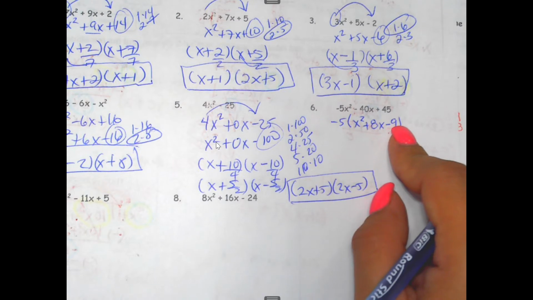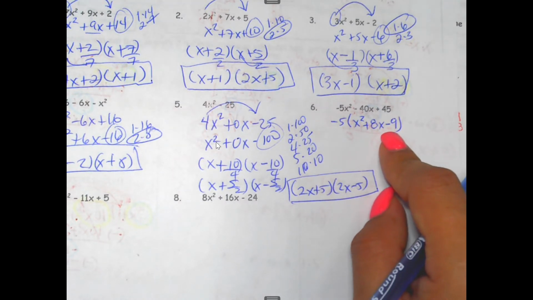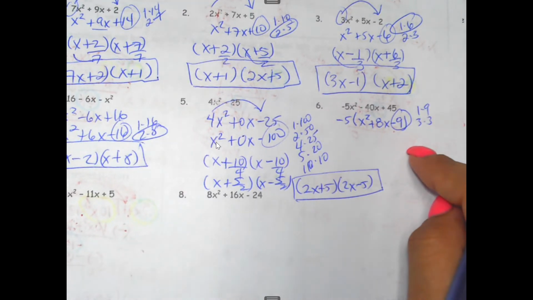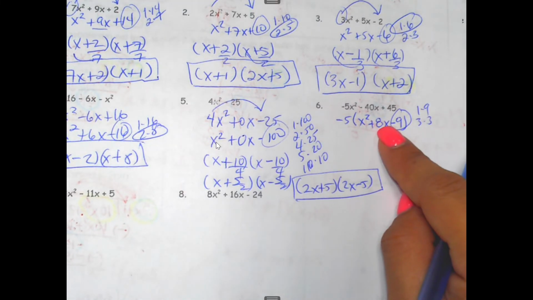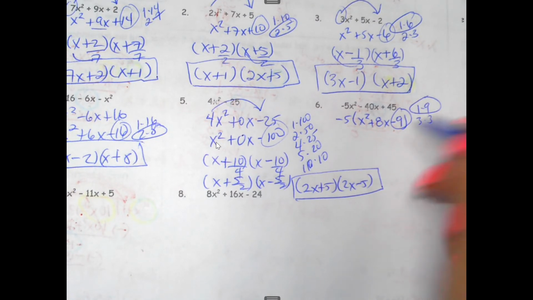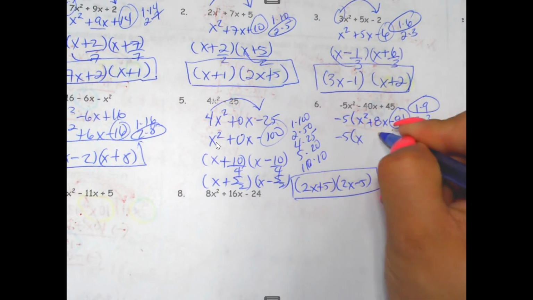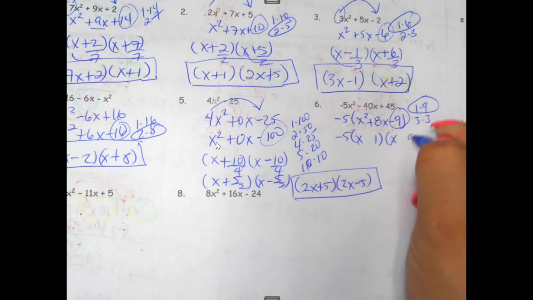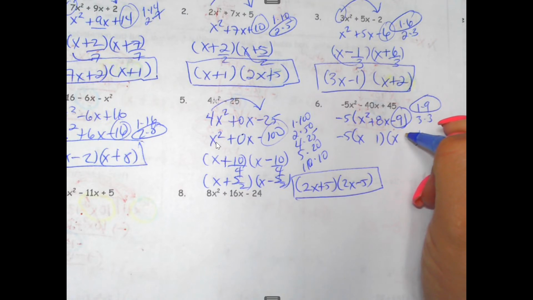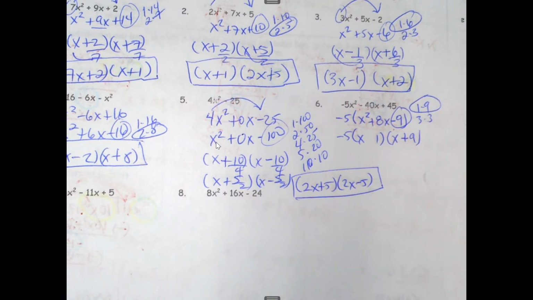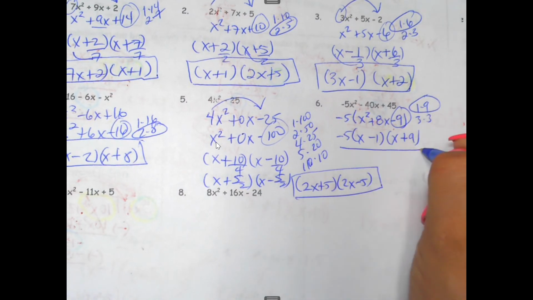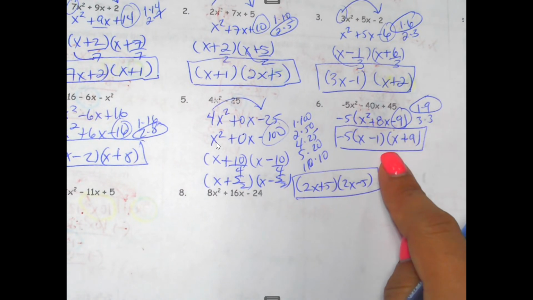Looks like yesterday's, so we're going to factor just like yesterday. We pick the one that adds or subtracts because it's a negative. They have to subtract to give me the middle term. So 1 and 9. Opposite signs, so I can get a negative 9. And then 9 is bigger, the middle term is positive 5. That's our answer.